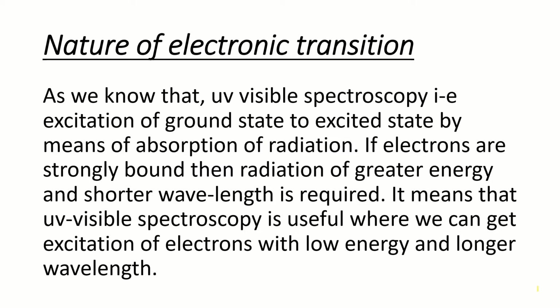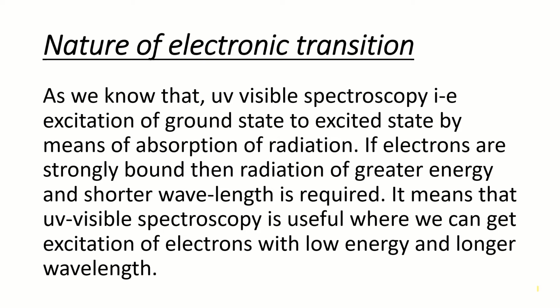It means that UV visible spectroscopy is useful where we can get excitation of electrons with low energy and longer wavelength. Since UV visible spectroscopy for saturated hydrocarbons involves excitation of sigma bond electrons to sigma star antibonding orbitals, which requires greater energy, this technique is of limited use for the structural study of these compounds.